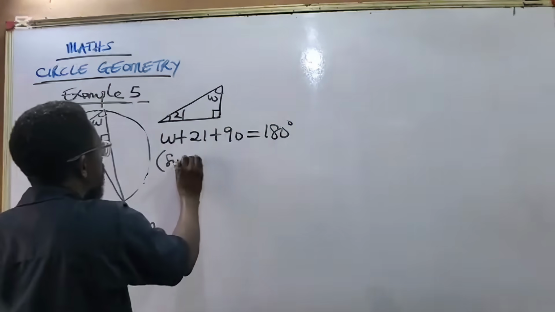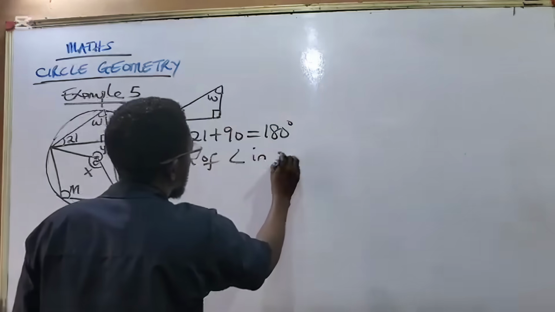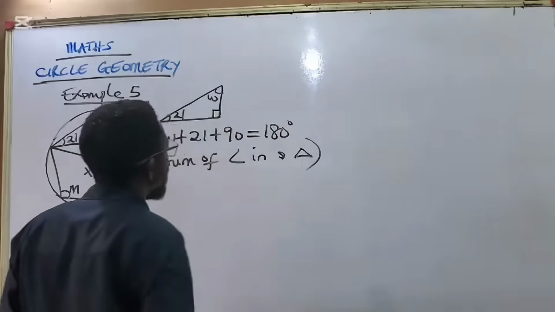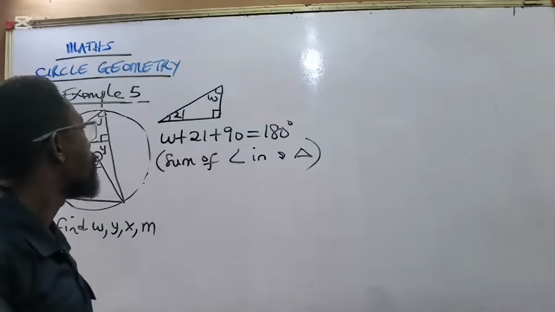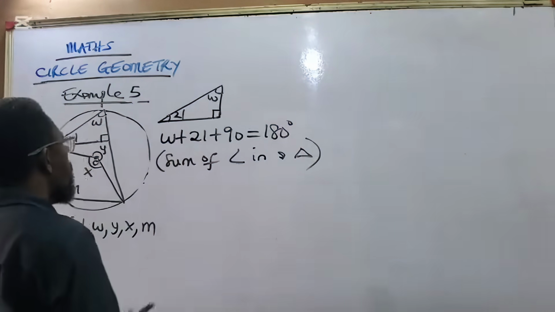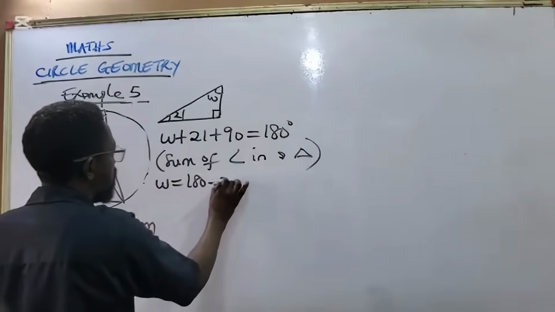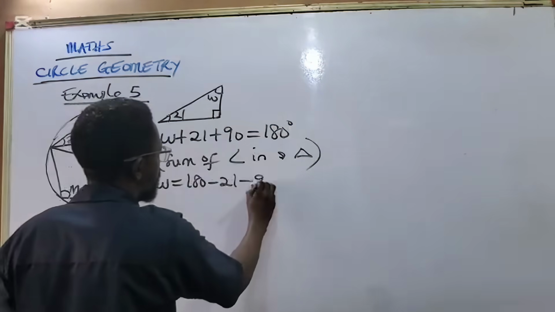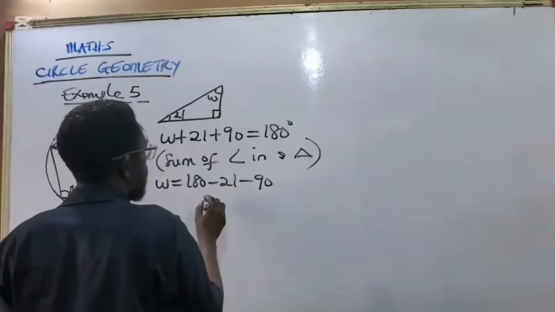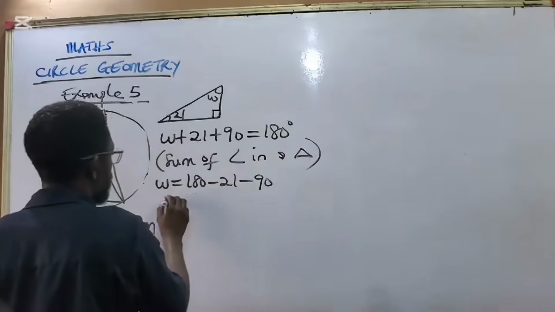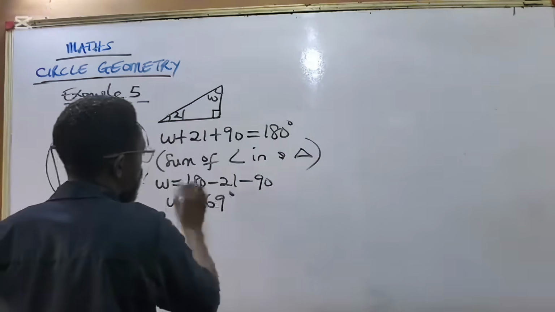That is the sum of angles in a triangle. So that W will now be 180 minus 21 minus 90. When you do this one, you get the value of W as what? 60 degrees.